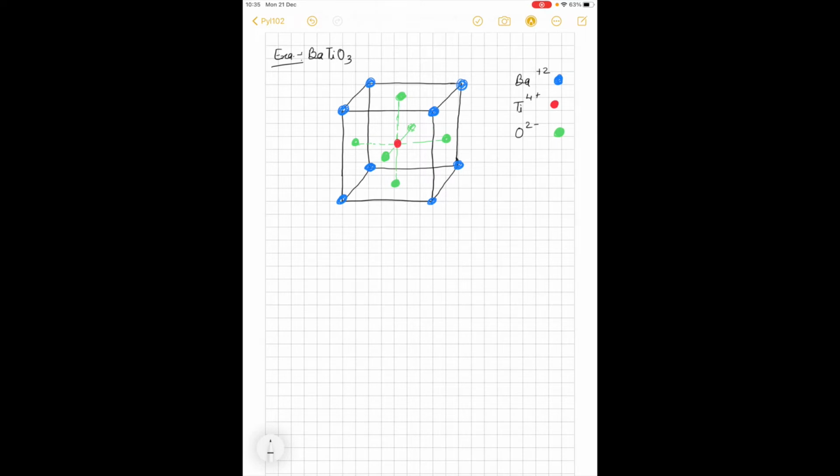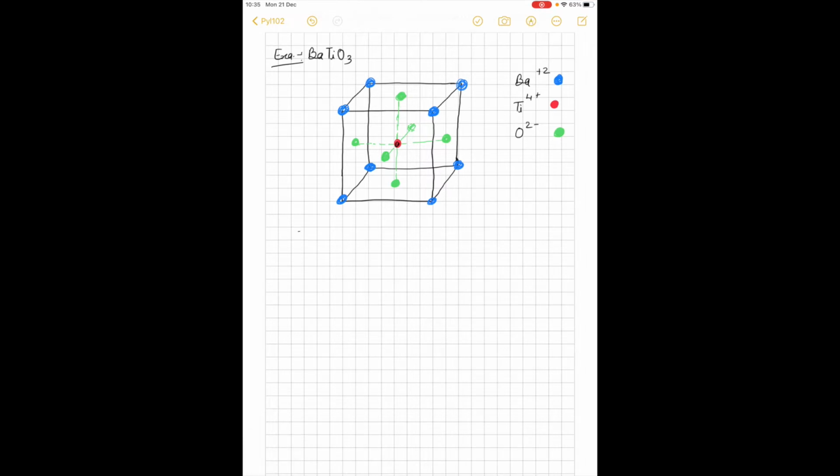In the equilibrium state, you can see that all these ions are vibrating around their equilibrium position. So what happens if, let's say, the temperature is pretty high? This titanium, which is sitting at the center, vibrates, for example, around x or y or z. The overall effect, if you see the average configuration, is that it's going to stay at the center of the crystal structure.